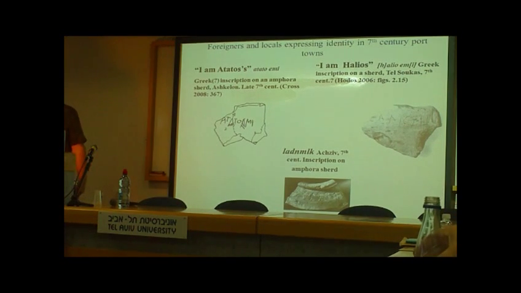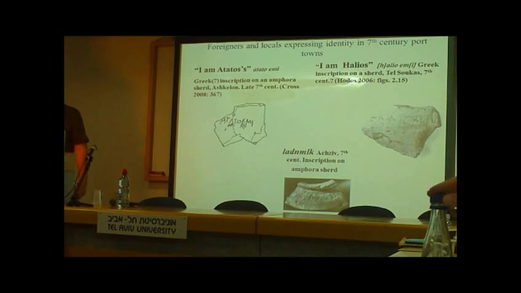Later, when you're going into the later Iron Age, you begin to find more and more script, and indeed you see individuals manifesting their identity in port sites. One is "I am Halios," quoted from the fantastic book of Tamar Hodos, from Tel Sukas.